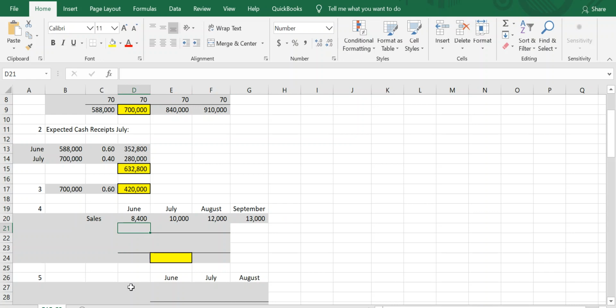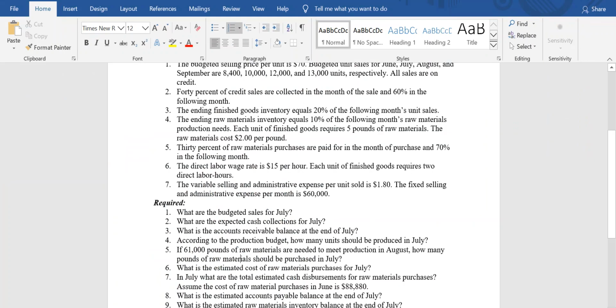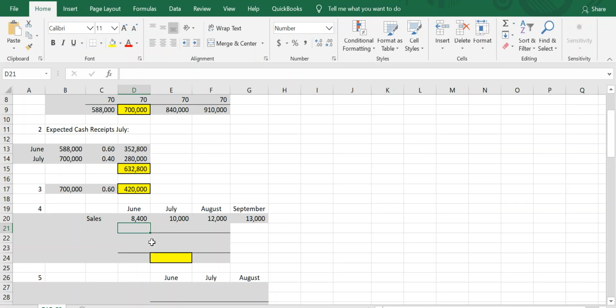Okay, and then according to the problem, if we go back here and look at this, it says that the ending finished goods inventory equals 20% of the following month's unit sales. So we need to calculate what we want the desired ending inventory to be.